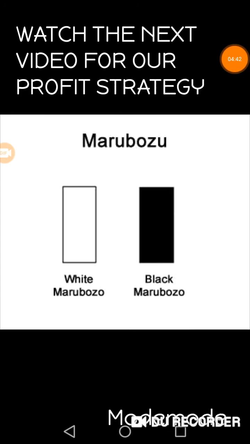We also have this kind, a MARUBOZU. Okay, so it's a bearish and a bullish one. When a fully formed candlestick like this is presented, it signifies that we are having a great momentum in the market towards the direction of that fully formed candlestick, a MARUBOZU.